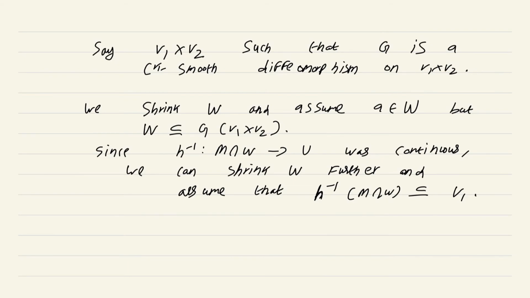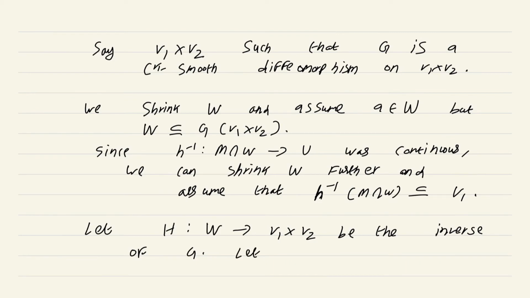We know that this map G is a C^k smooth diffeomorphism. So what we do is let capital H from W to V1 cross V2 be the inverse of G. We know that H is also a C^k smooth map.